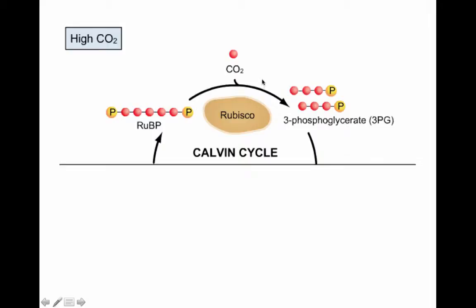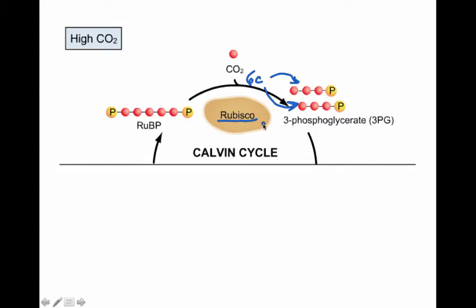Then we get a 6-carbon intermediate that pretty quickly gets converted into two 3-carbon phosphosugars. The enzyme that catalyzes this is Rubisco, a shortening of ribulose bisphosphate carboxylase. This is probably the most common enzyme on the planet.